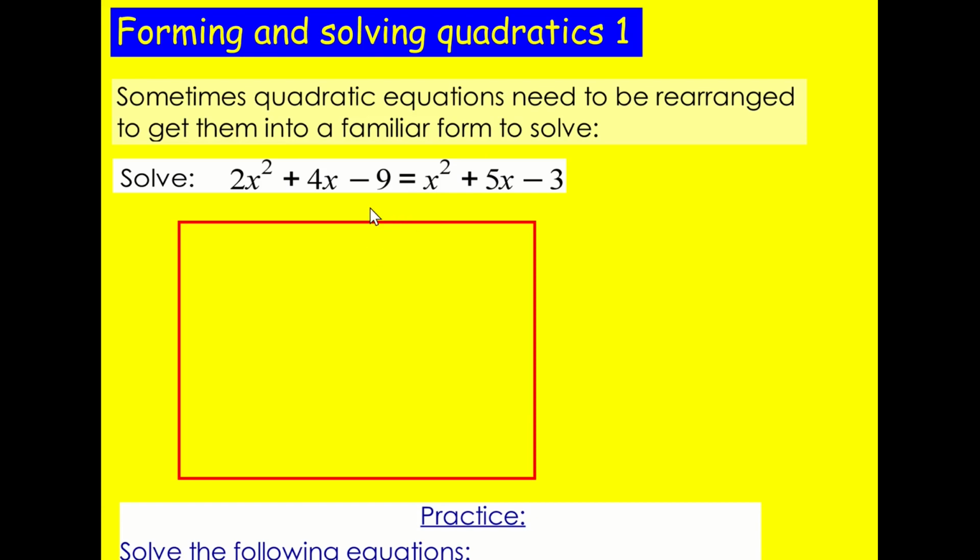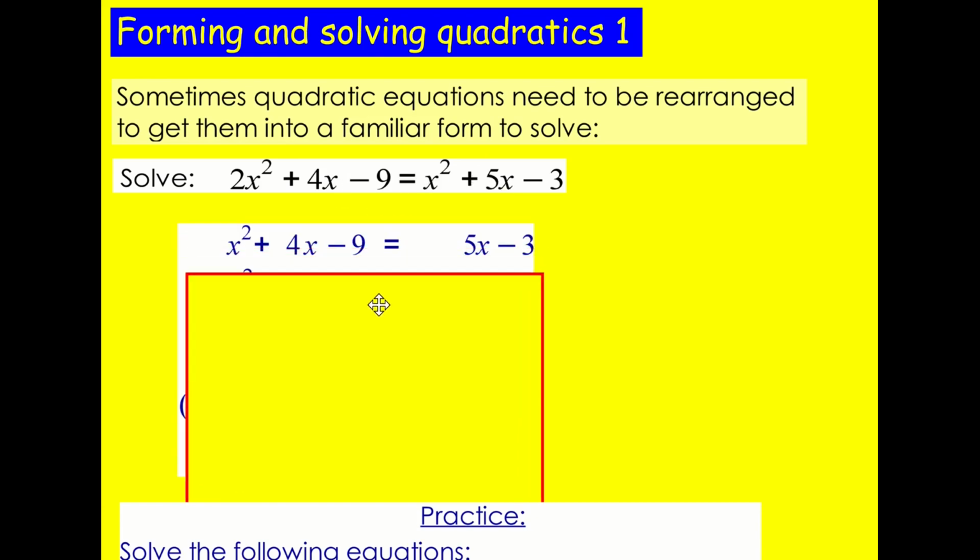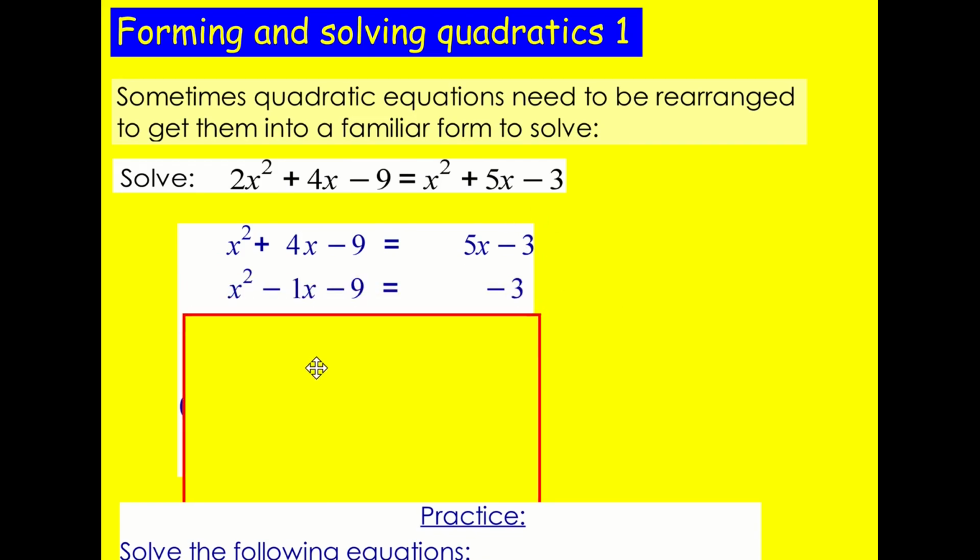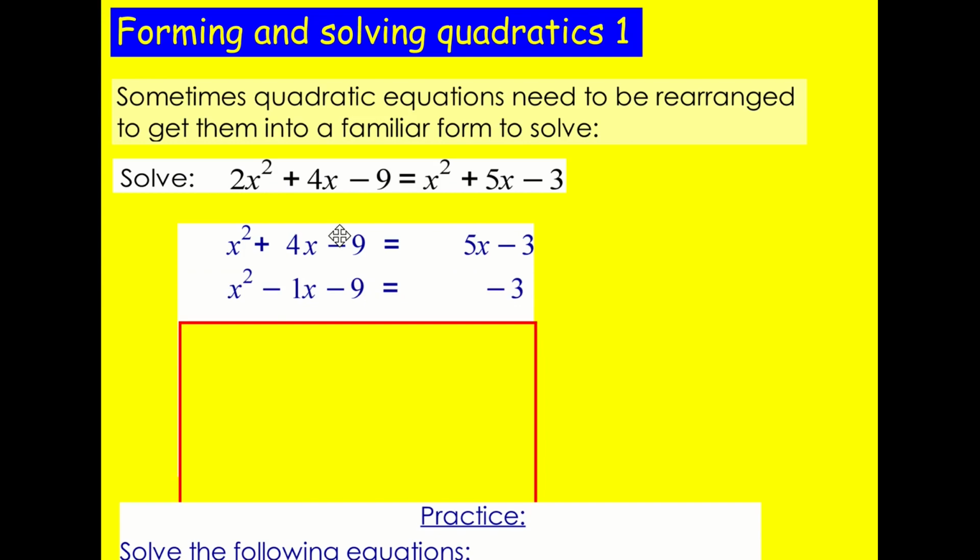Well, here's how. We can rearrange it to get it equal to 0. And we can minus x squared from both sides, which gets rid of it from the right hand side. That's what's happened here. And now what do you think is going to happen? We're going to minus 5x from both sides, and that gives 4x minus 5x, which is just minus x or minus 1x.